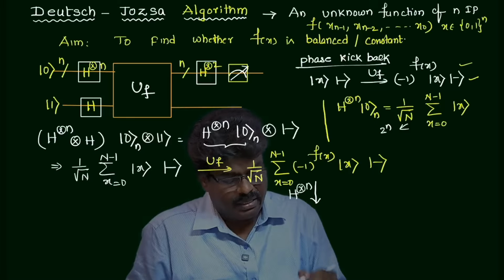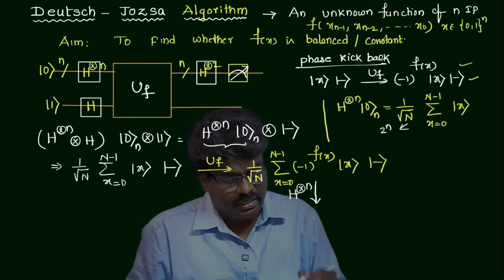This can be written as 1 by n summation z is equal to 0 to n minus 1, and this is summation x equal to 0 to n minus 1, minus 1 whole power f of x, minus 1 whole power x dot z, into z. That's it. So after operating this Hadamard operator here, finally we got this result.